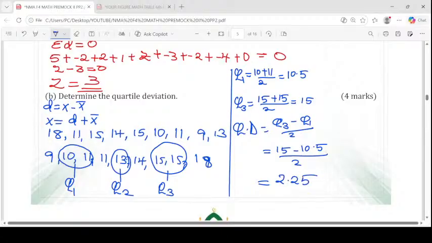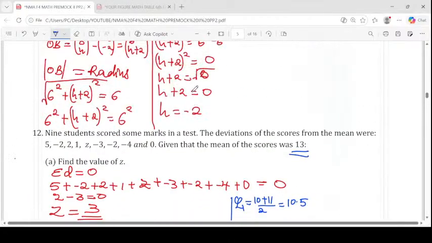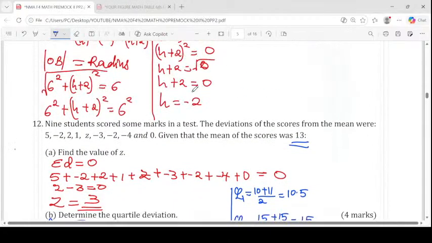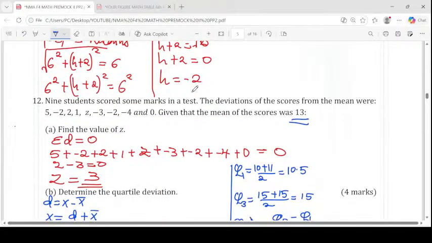It is my hope that I did not mess up in obtaining D. How I summed these values mattered a lot here. It is my hope I did well, because 5 plus negative 2 is 3. In fact, this and this will cancel out.